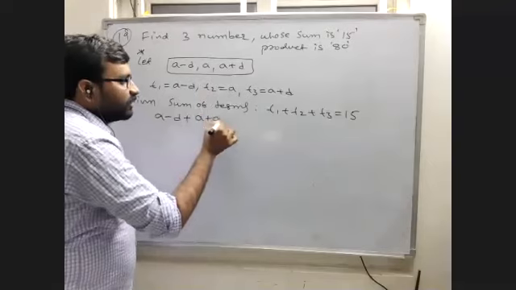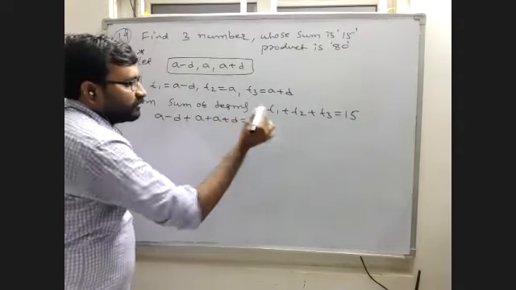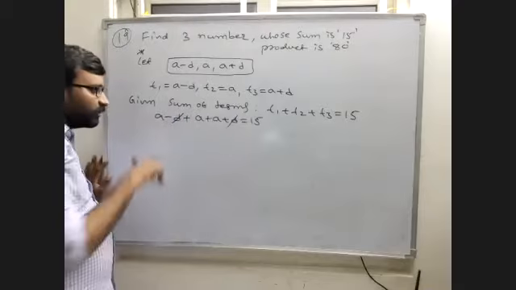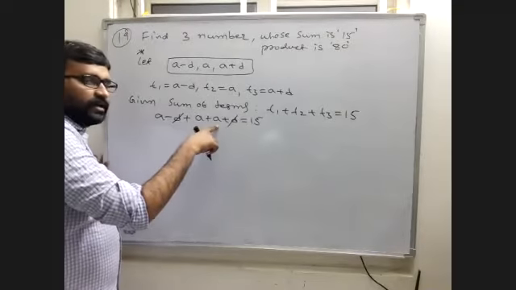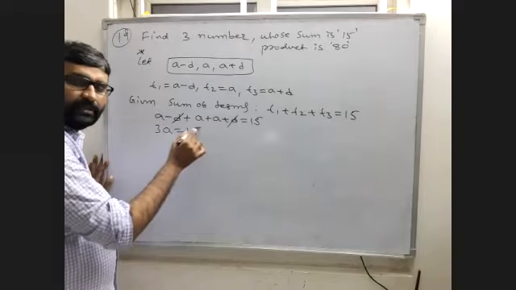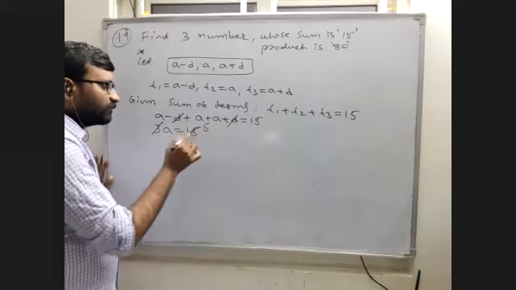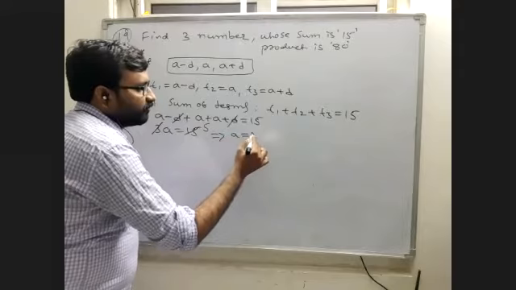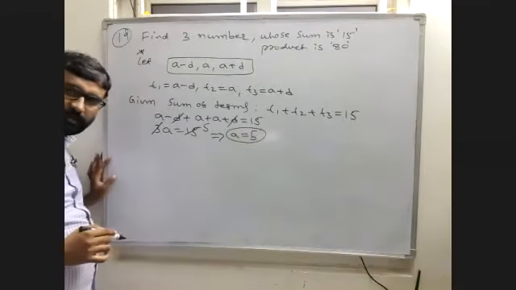A plus d is equal to 15. Then d cancels. A plus a plus a, 3a. 3a is equal to 15. 3 fives are 15. So that implies we got the value of a is equal to 5.